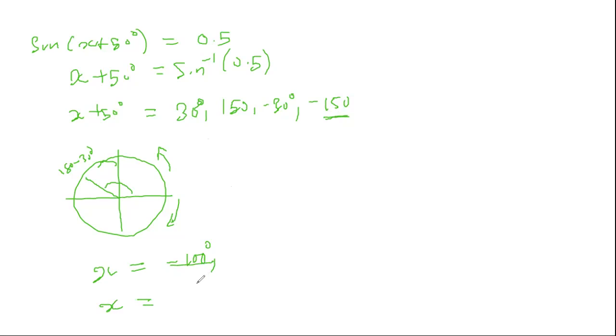Then negative 30 minus 50 gives negative 80. Then 30 minus 50 is negative 20. Then 150 minus 50 is 100 degrees. I hope we have not left out any other angles.